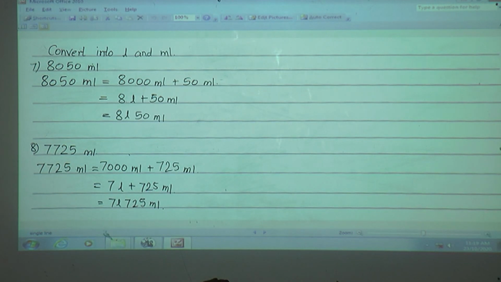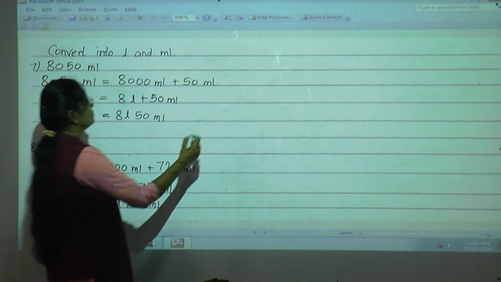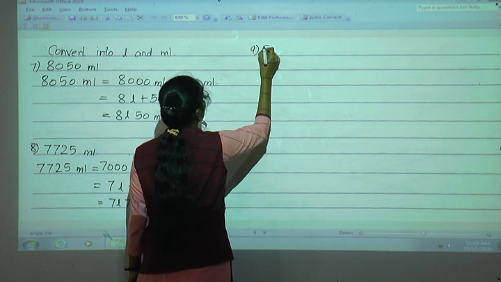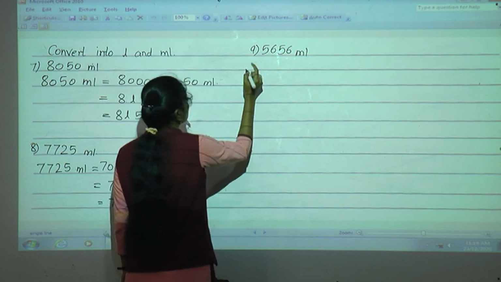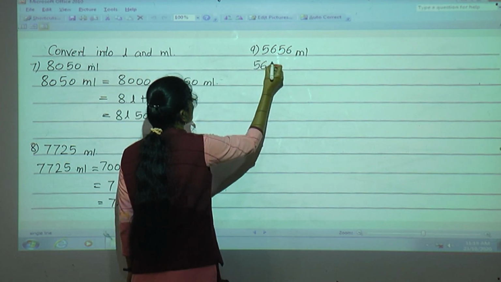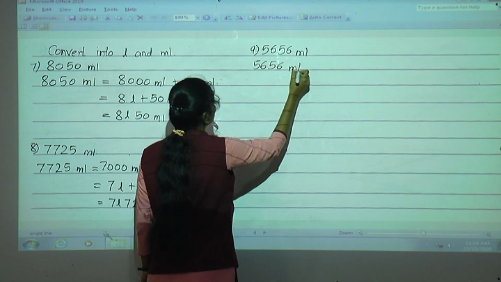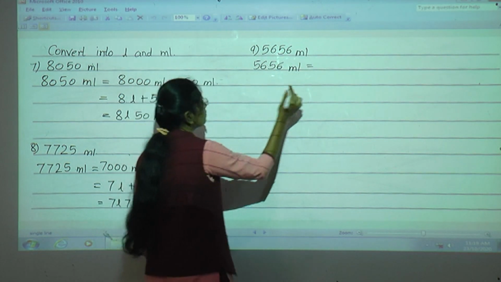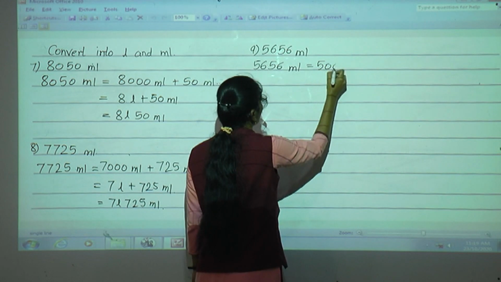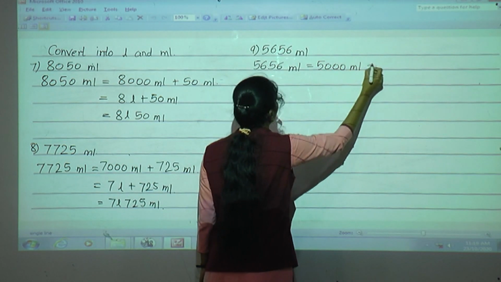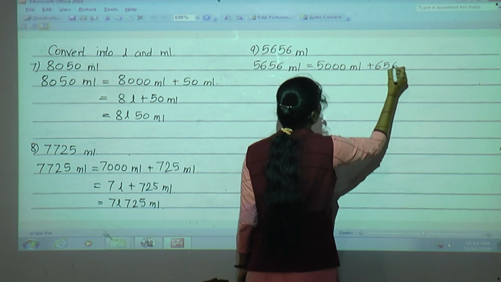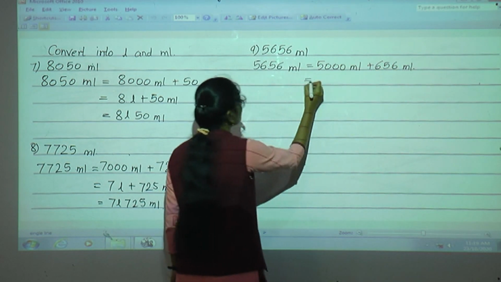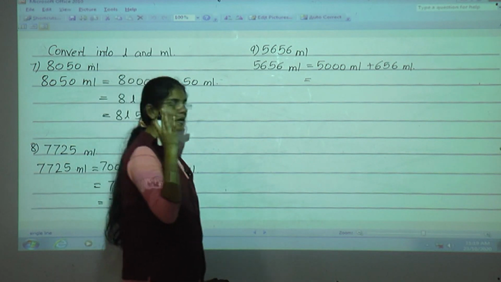Last example, 5656 ml. Now what is the first step? 5656 ml is equal to what? Split up the number, write in this way, 5000 ml plus 656 ml. Now 5000 ml is equal to 5 liters.